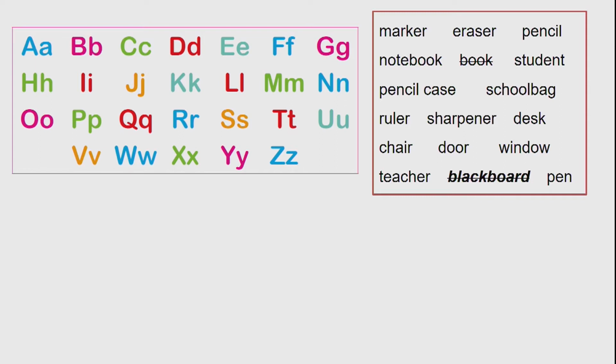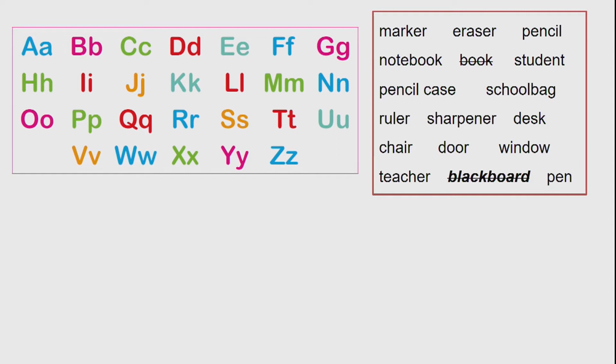Now look at the board. Here are words in the box. Let's put them in the alphabetical order from A to Z. No word starting with A? Okay, switch to the letter B. And we have the first word. No, not book. Blackboard.